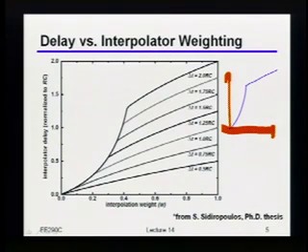Who's happy? Who's unhappy? Okay, good. Why are you unhappy? What's bad about this? Say that again? Okay, it's certainly not linear, although remember, we're in a closed loop, so maybe the linearity doesn't matter too much. But what is definitely bad about this?